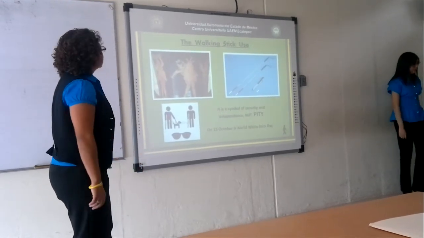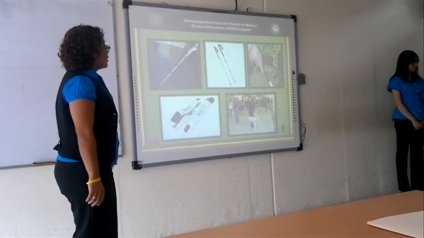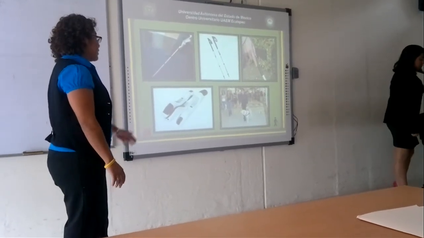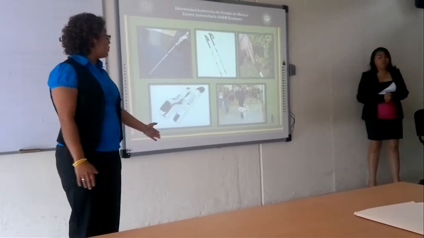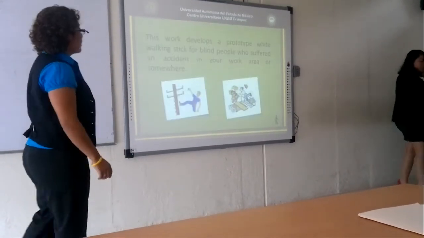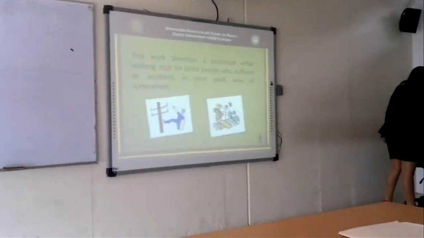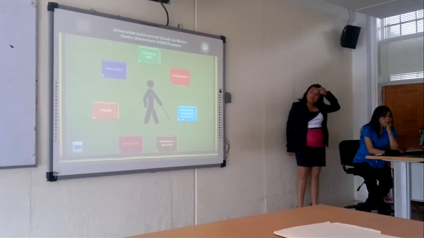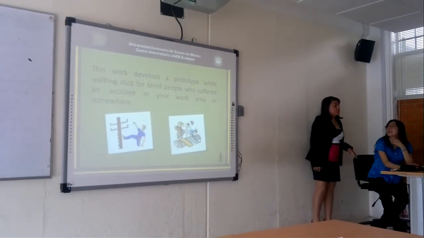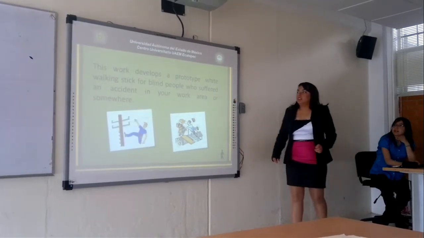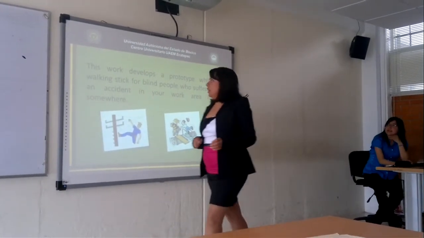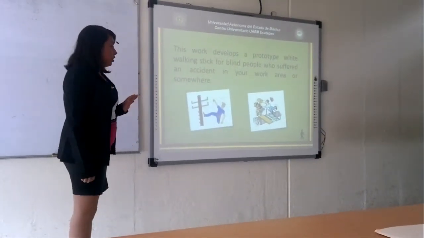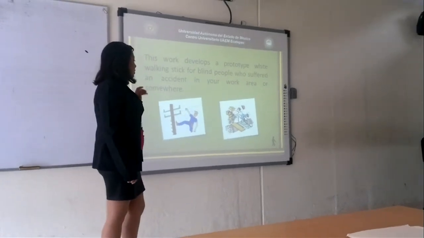Next, please. Well, you can see the different walking sticks with different technology, obviously for blind people. This work developed a prototype for blind people who suffer an accident at work, at home, or somewhere.